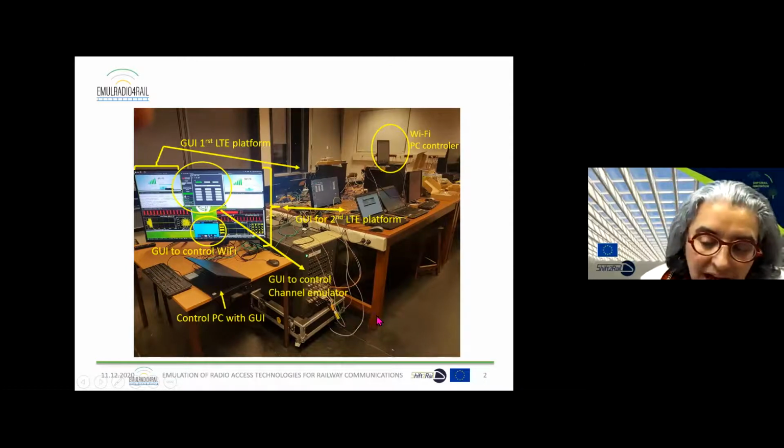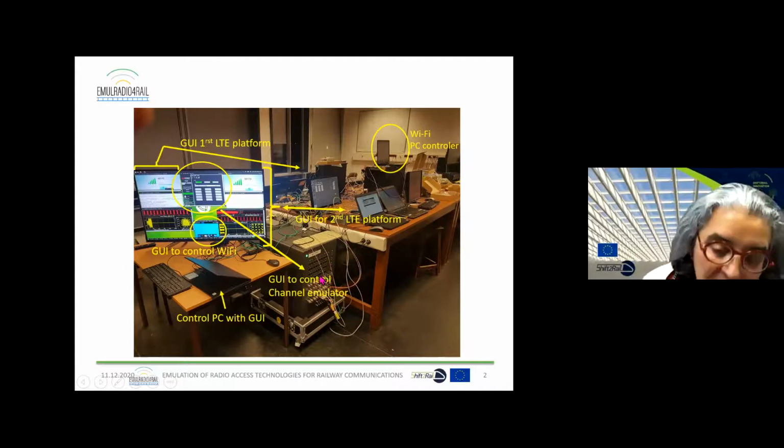So as you have seen, it's very important to have good channel models. I think that some channel models are recognized by the international community in telecommunication in the field of public communication, but we do not have a lot of recognized channel models for railways.